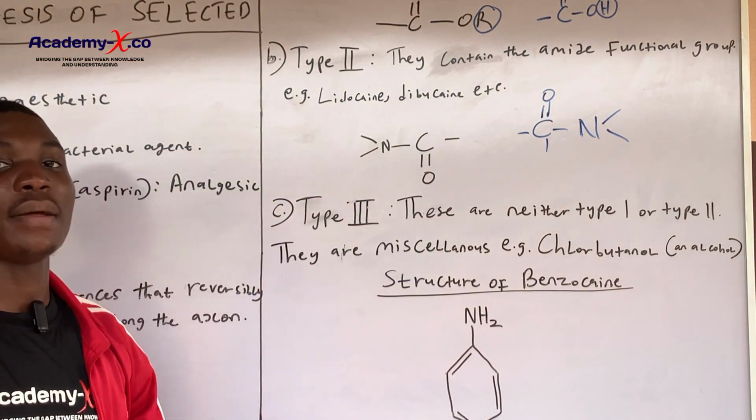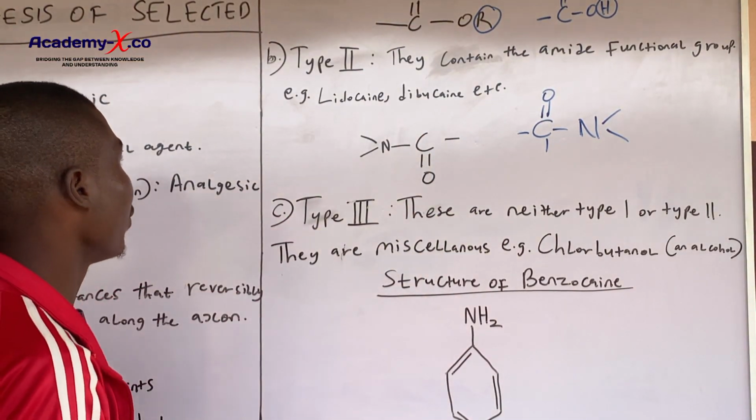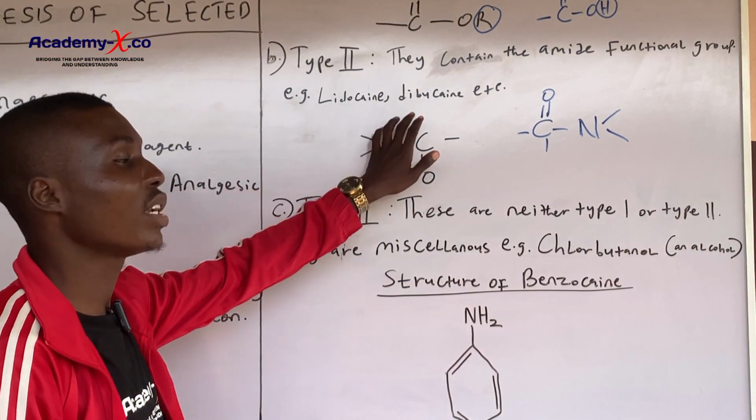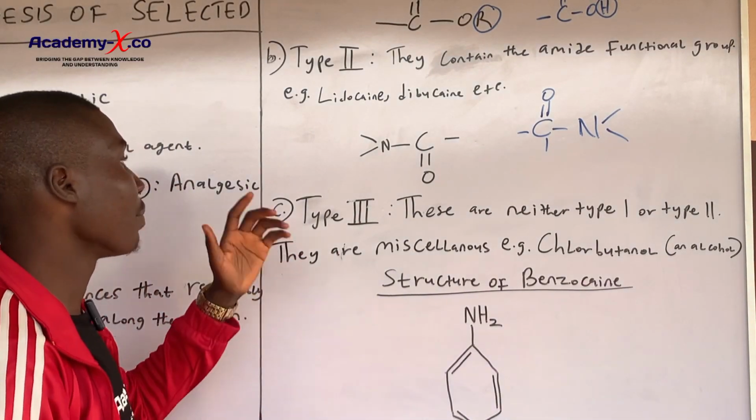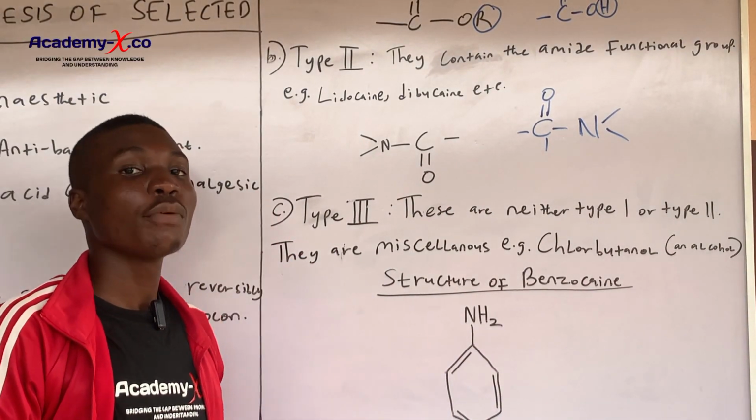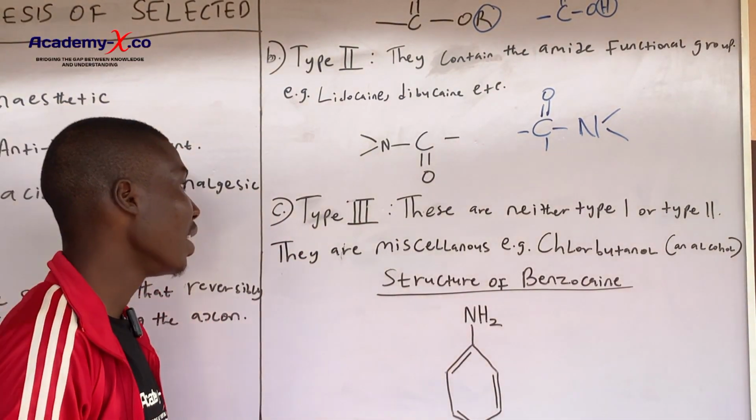Examples of such are lidocaine, dibucaine, and ibuprofen. There are a lot of them that you can find online.